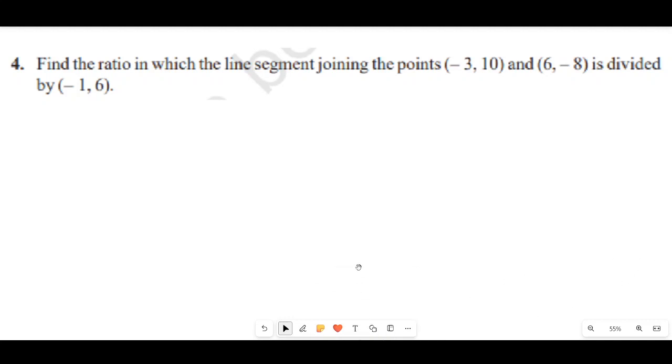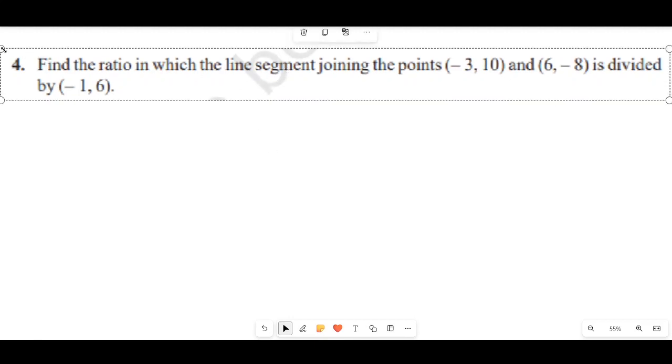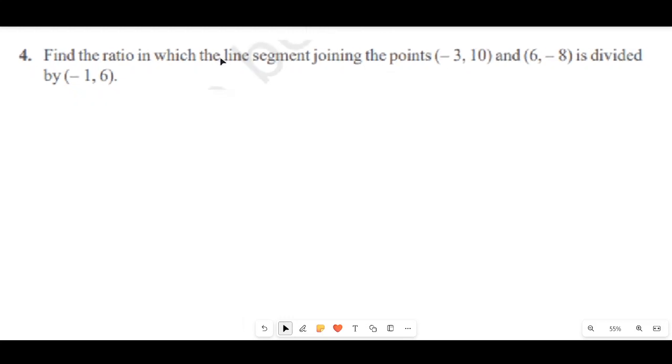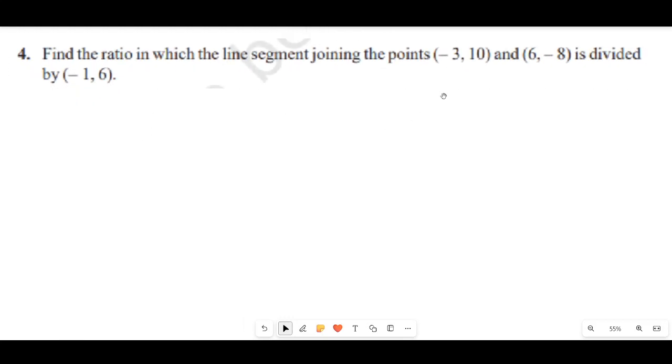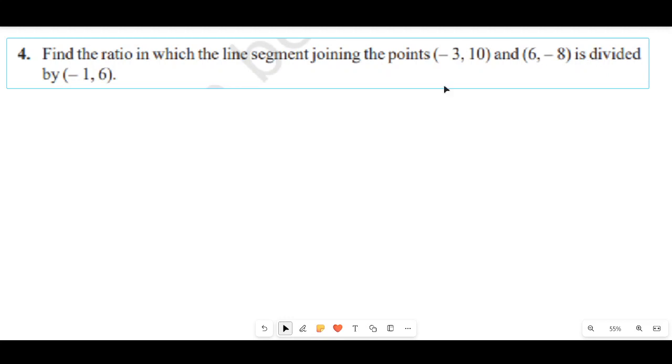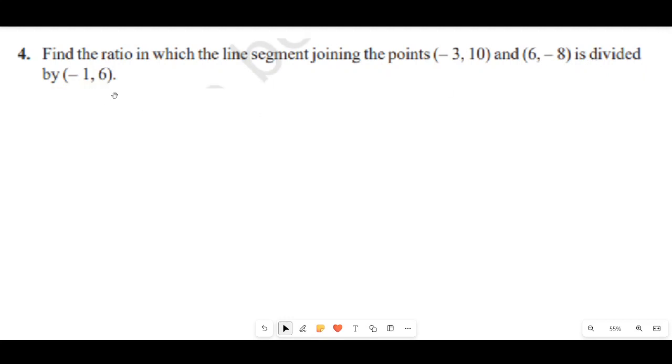Now fourth question: find the ratio in which the line segment joining the points (-3, 10) and (6, -8) is divided by (-1, 6). Now we will find the ratio. Clear? There are two ways, but we will use the basic way to find this ratio.